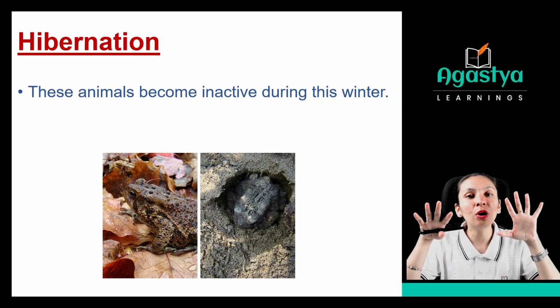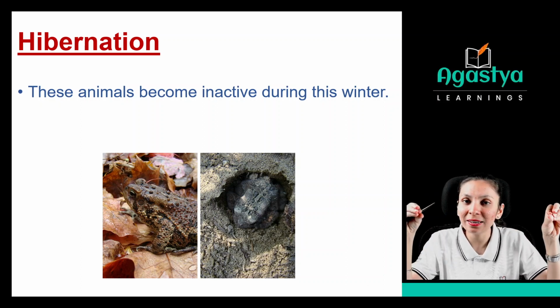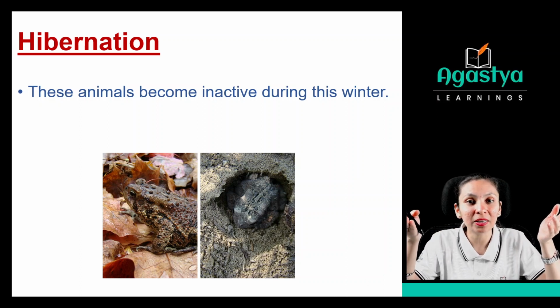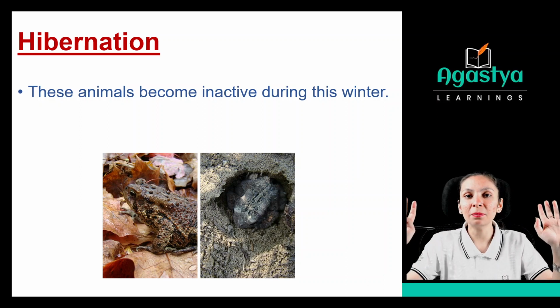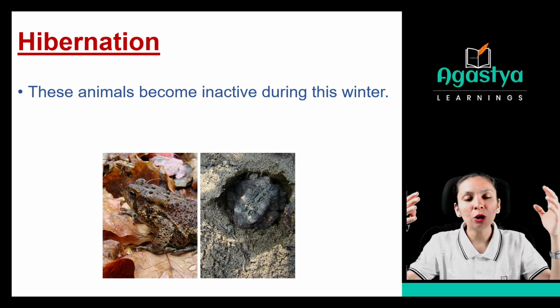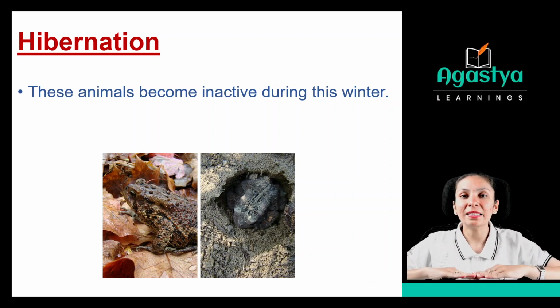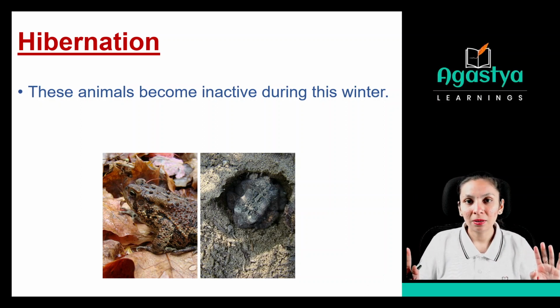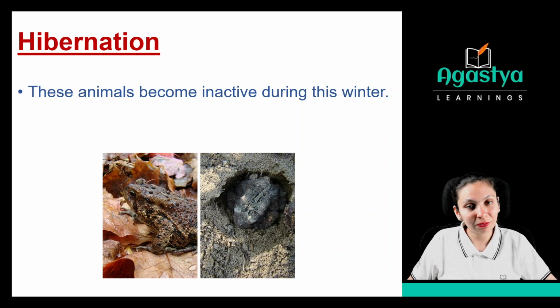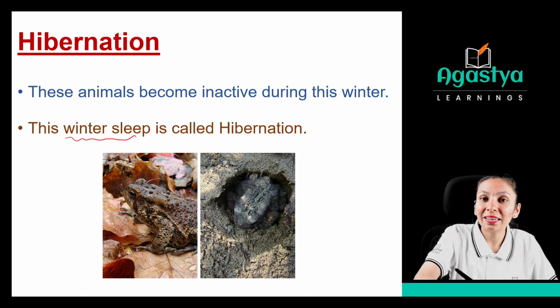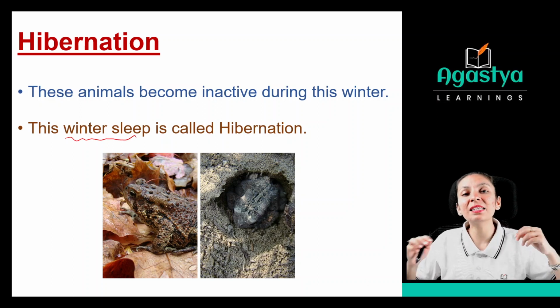Now, if they are not finding any food in the winter season, that will be okay. Why? Because they cannot survive in that much cold. So they do the preparation in the summer season only. They take lots of food in summer and become fat. In the winter season, they become inactive because they cannot survive very well. They will not do any of the activities they perform in their routine. So this winter sleep: during winter, they become inactive and they will sleep.